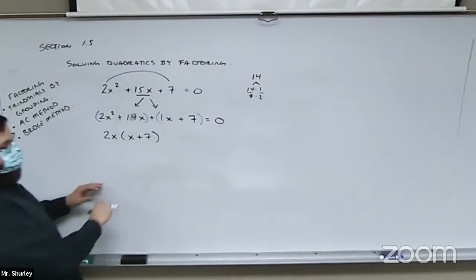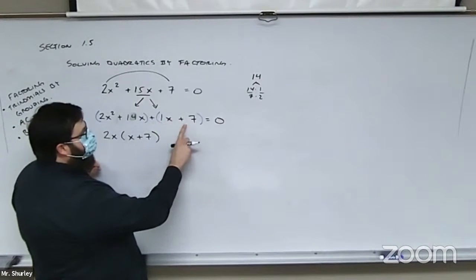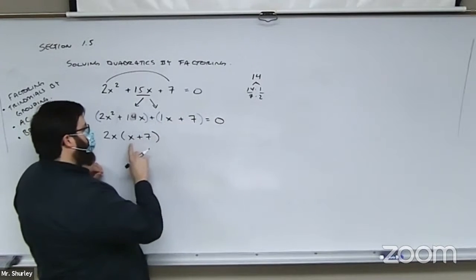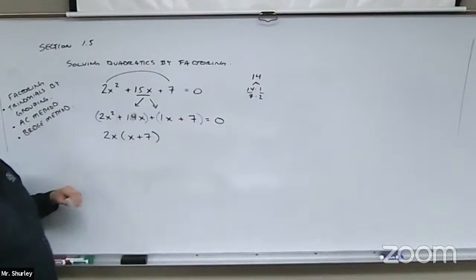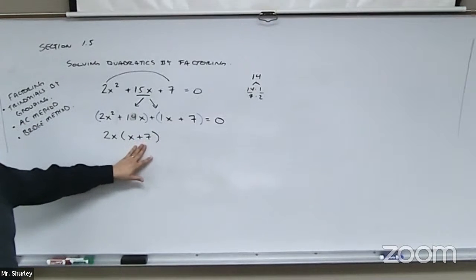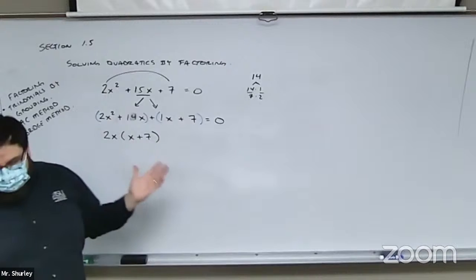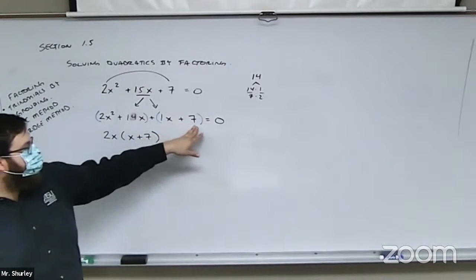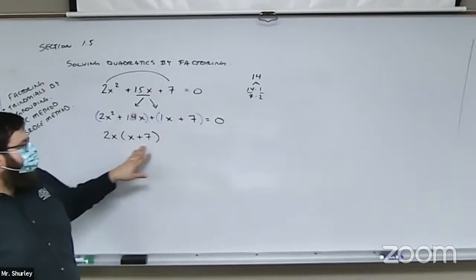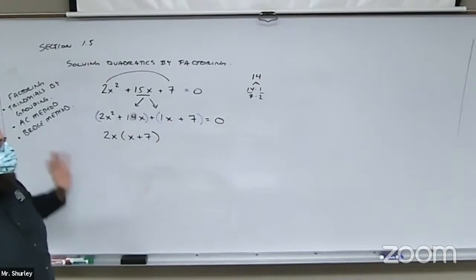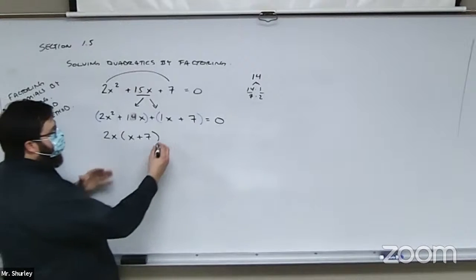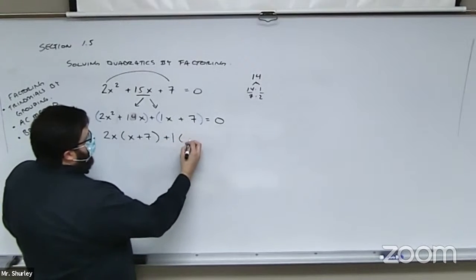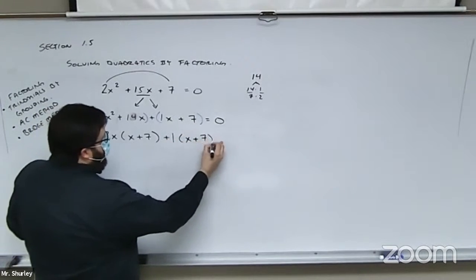And then you want to look at this second set and think, hey, what can I factor out that'll make it match the first set we have now? Now look, for this example, I'll do an example that doesn't do this next time, but for this example, we don't need it to change. This parentheses matches this set of parentheses. So if I don't want anything to change, I'm going to factor out a positive 1. Positive 1 doesn't change anything.